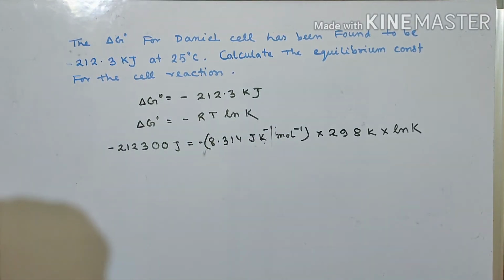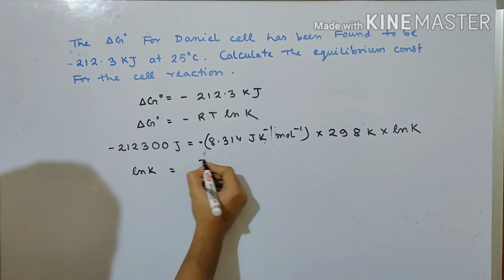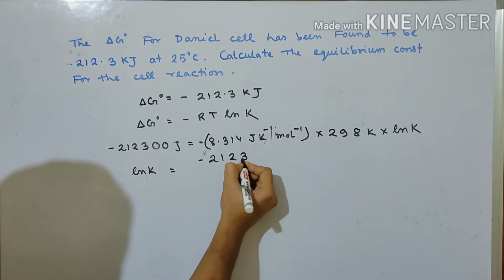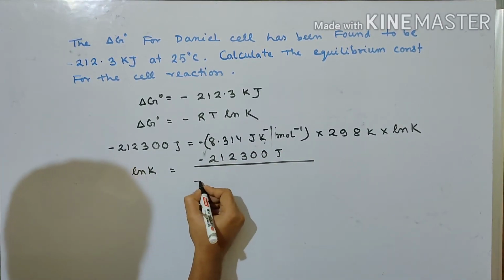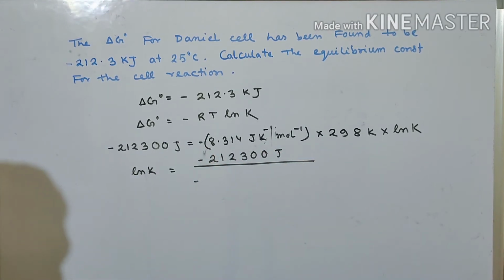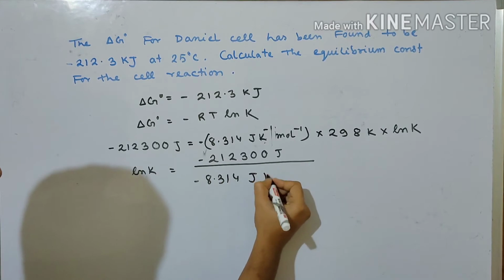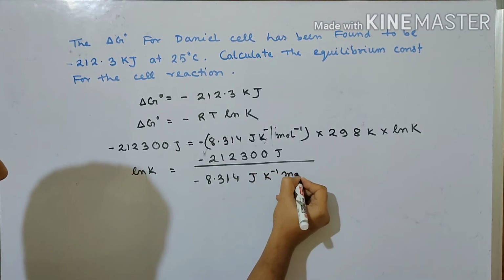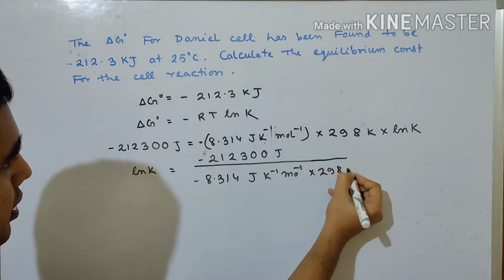Now if I try to calculate only ln K, ln K should be minus 212,300 joule divided by minus 8.314 joule per Kelvin per mole into 298 Kelvin.